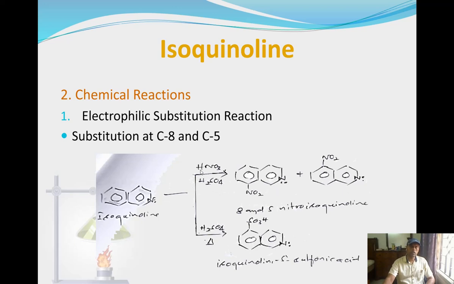As you can see here, in the presence of sulfuric acid, nitric acid is going to react, giving 8- and 5-nitro isoquinoline products. With sulfuric acid and heat, it's going to give only the isoquinoline 5-sulfonic acid product.